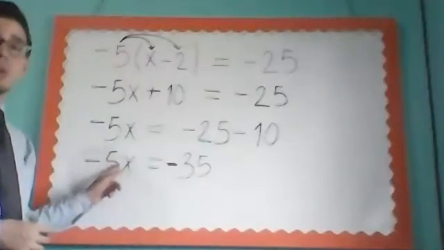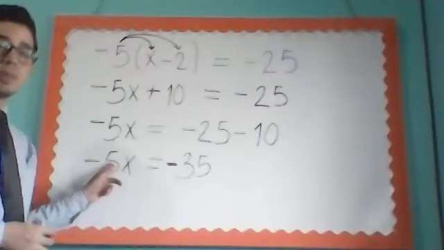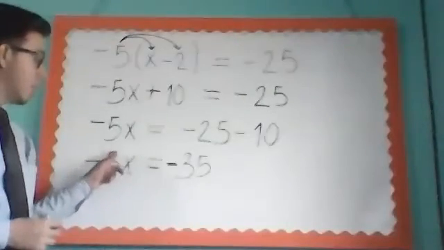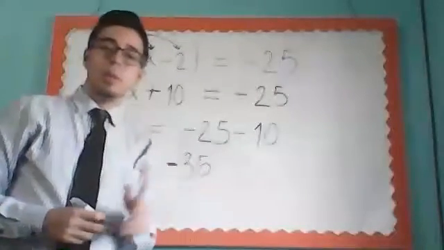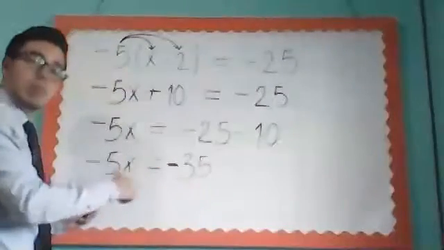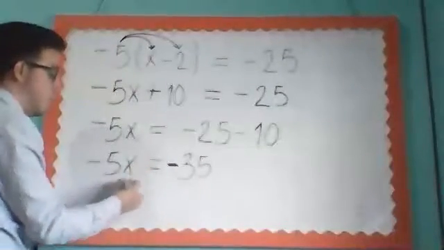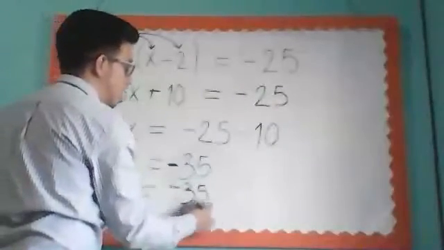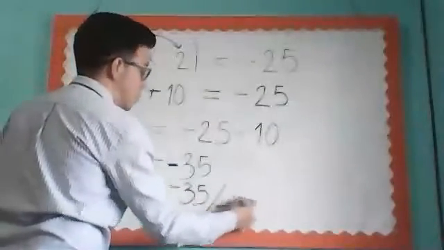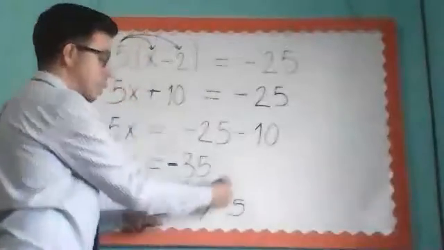I don't want any number multiplying my variable like in here. Remember what we have to do when we have one number multiplying my variable? I pass it to the other side to divide. So I have that x is equal negative 35 over negative 5. This is the line of the division.